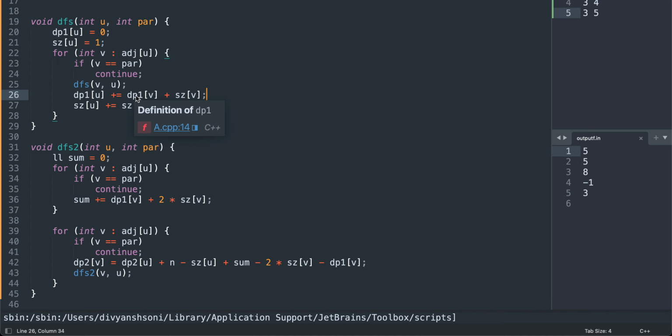Now for this one, the size is already 1, so it incremented by 3, so size becomes 7, and the value will be whatever the value was, 2, plus the size which is 3, that means 5. Now it will also increase by 5, so the value will become 10. Yeah, dp1 is fine.